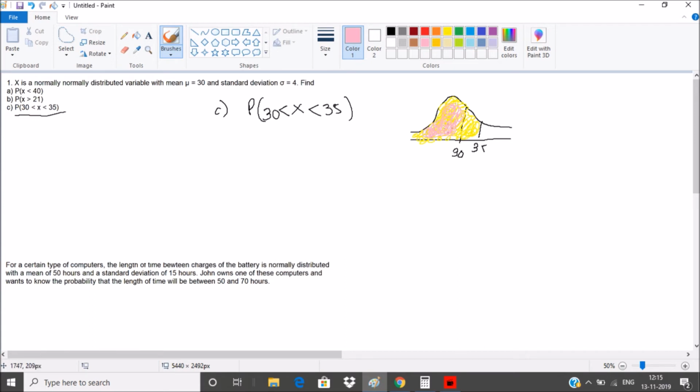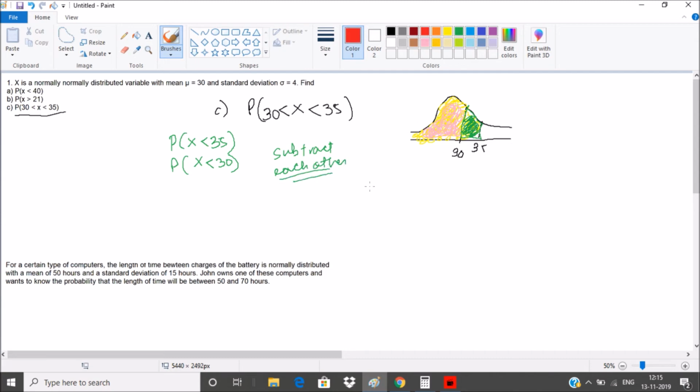So we are talking about just the probability in this green demarcated area, right? So first we need to find the probability of x less than 35, then the probability of x less than 30, and then subtract them from each other, right? So let's do that calculation.